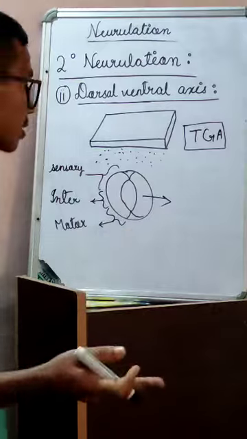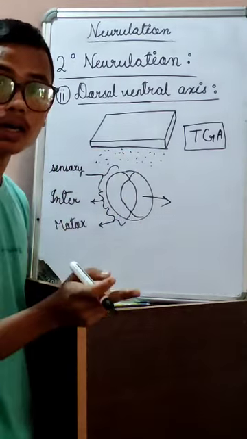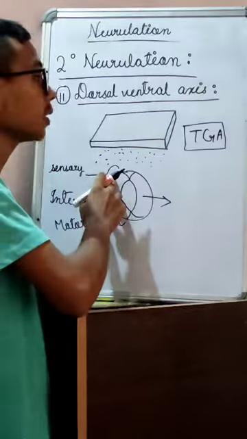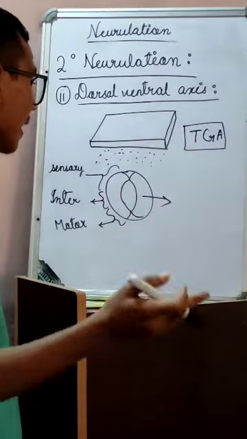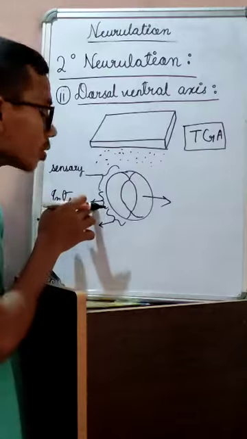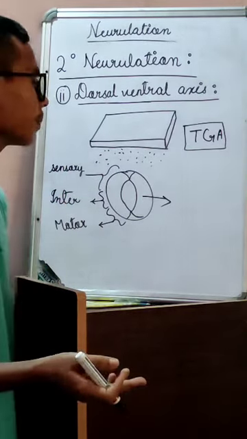First, sensory neurons are formed on the dorsal part, because there the TGF-beta family protein gradient is very high. After that interneurons are formed, and at last motor neurons are formed.